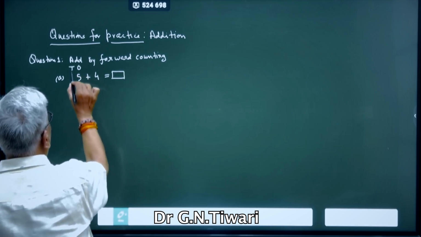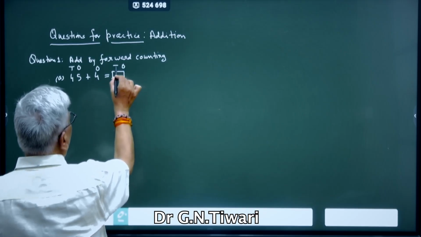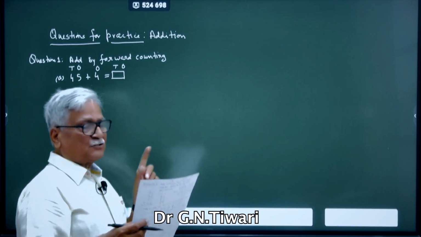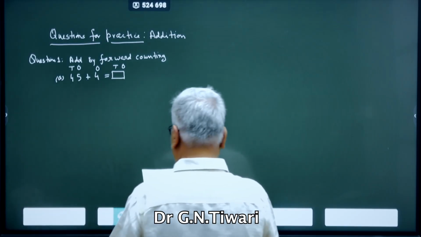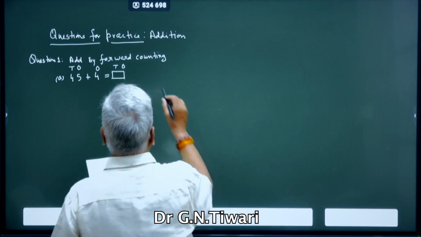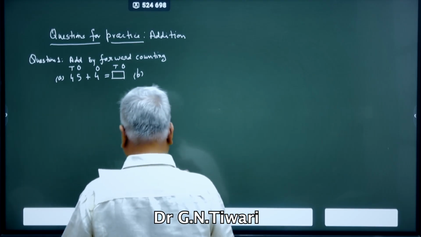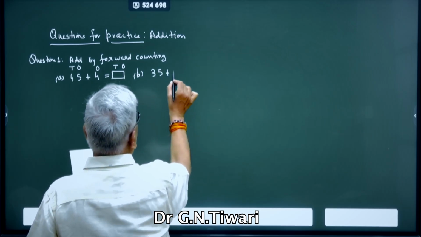I am not going to put O here. In the rest, I am not going to write O and T because the student should be asked to write. Now see. Then B. 35 plus 3.